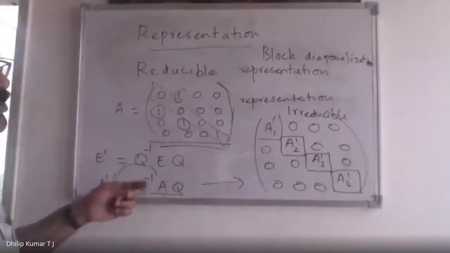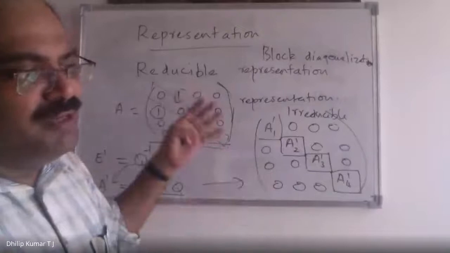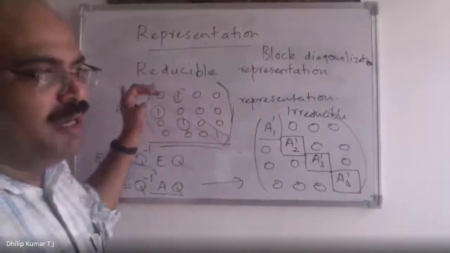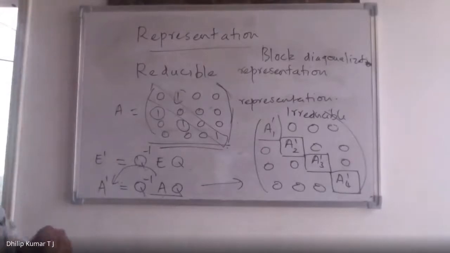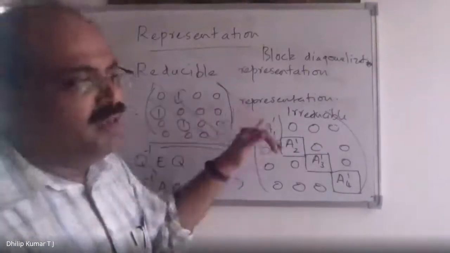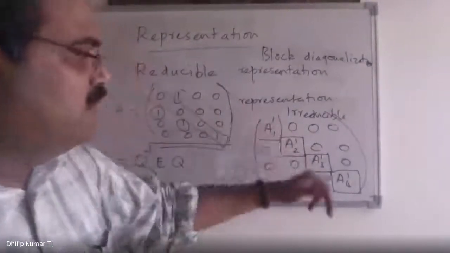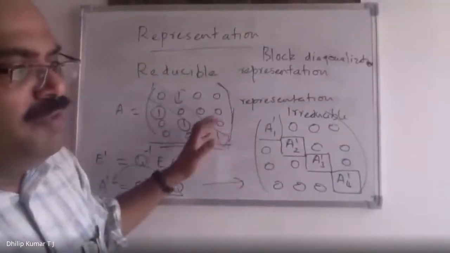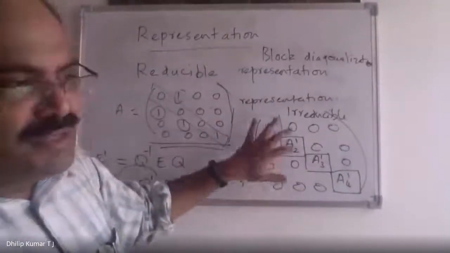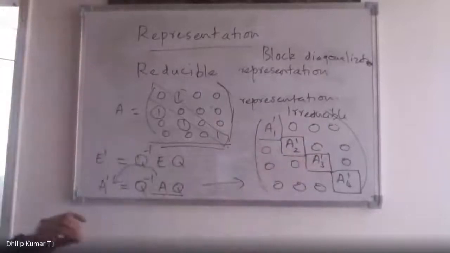If you can reduce further, those matrices are called reducible representations. If you cannot bring it to 0 everywhere, if you cannot go below a certain size, this is final. You cannot diagonalize beyond this, so this representation is called an irreducible representation.